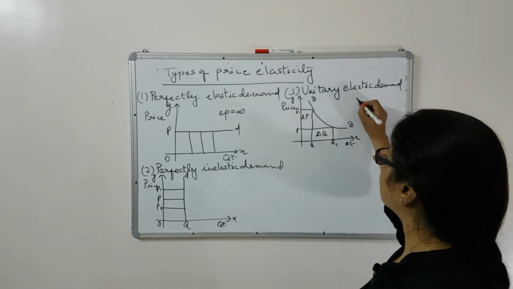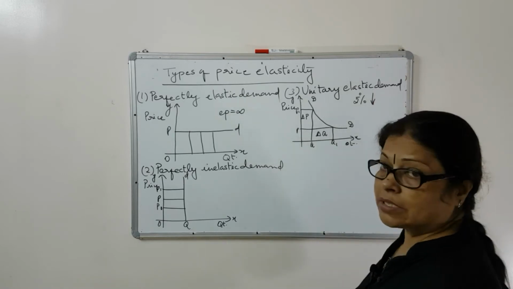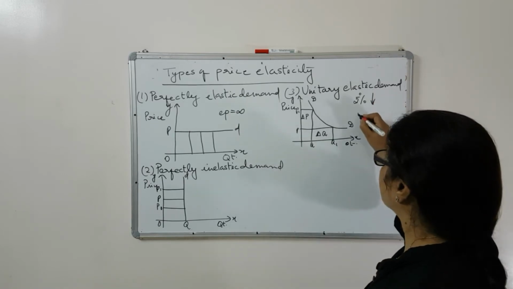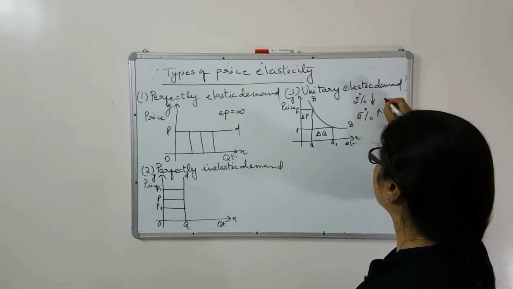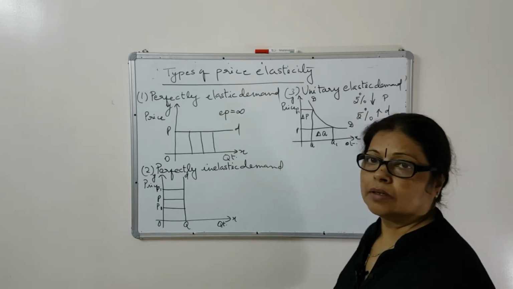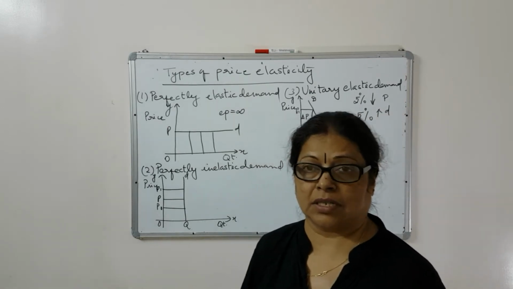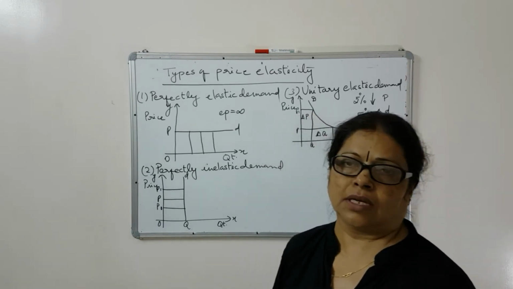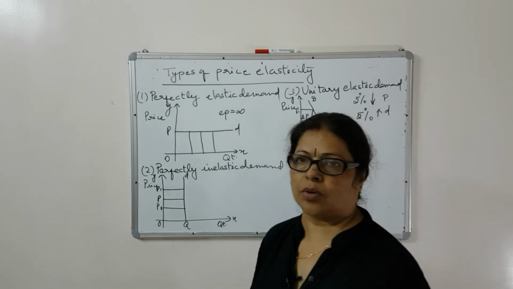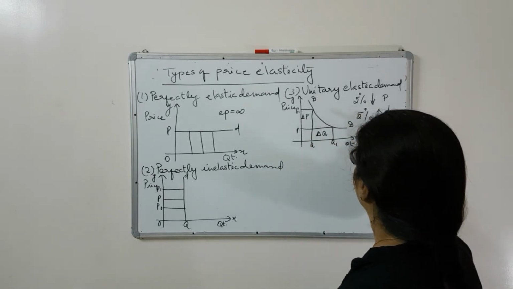Means if there is a 5% fall in a commodity's price, then a 5% rise will be there in demand. If there is a 50% change in a commodity's price, the same change will be there in quantity demanded. Here EP is equal to 1.